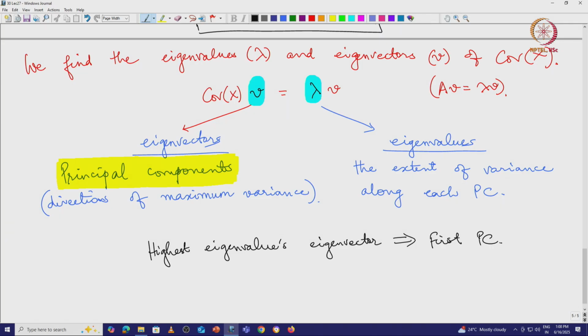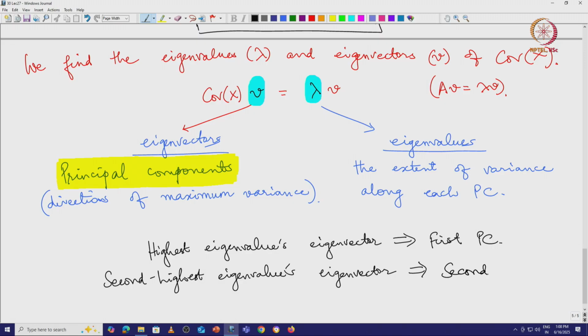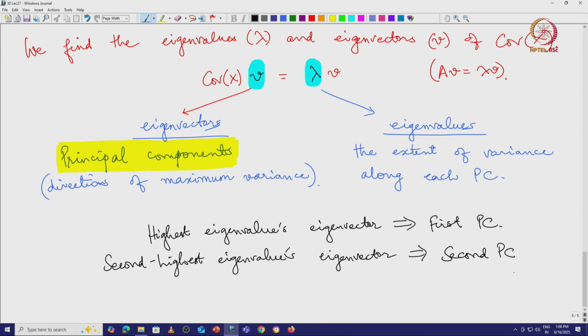The second highest eigenvalue, its eigenvector corresponds to the second principal component, and so on and so forth, right. So, this will give you all the principal components as desired.